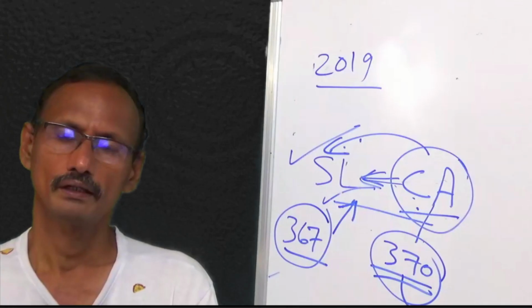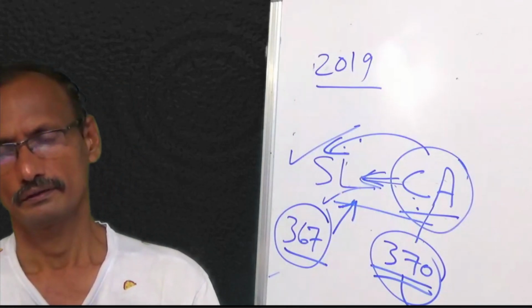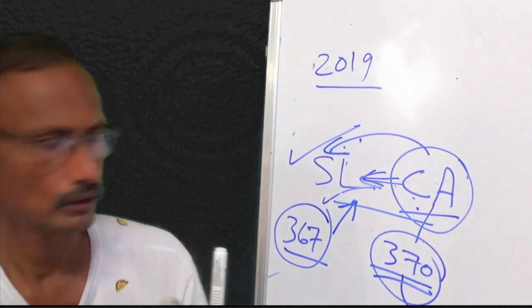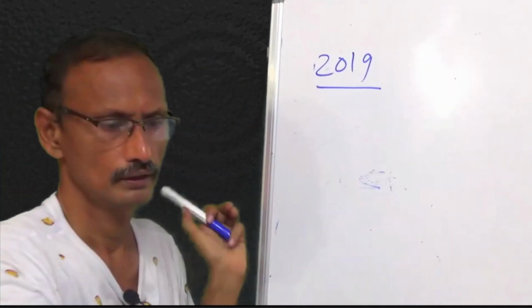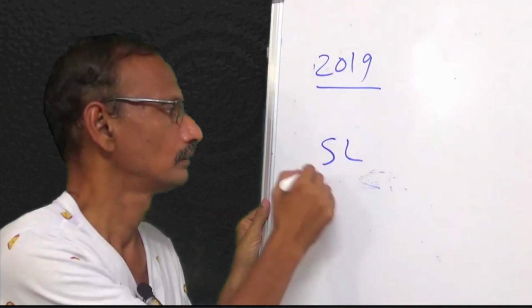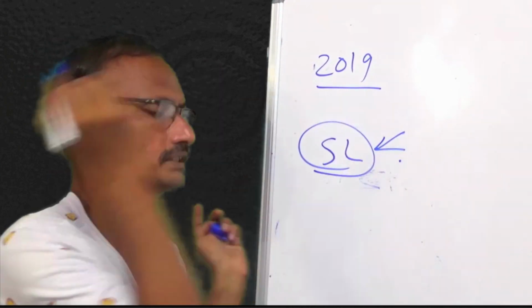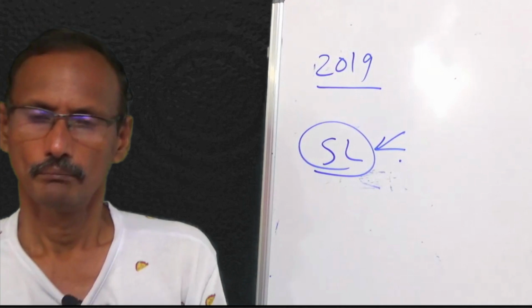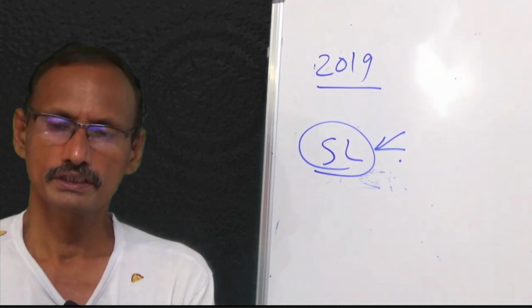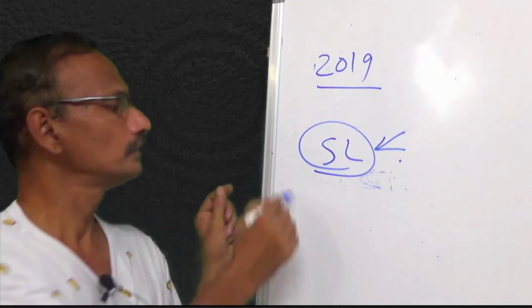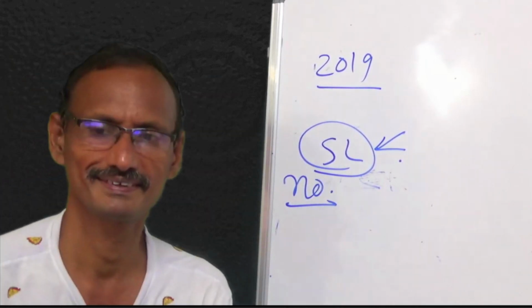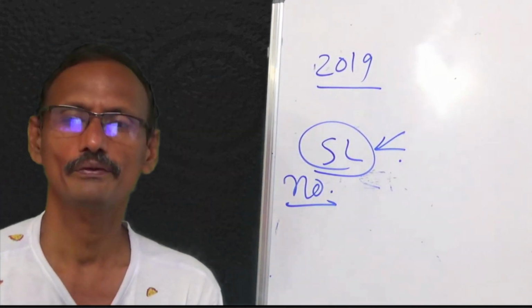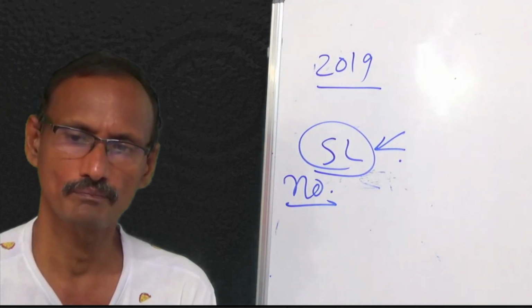But then, in place of the constituent assembly, they made it the state legislature. But when the 2019 presidential order was being passed, there was no state legislature either. So how do you get over that problem?